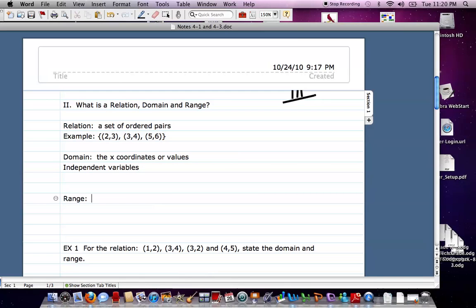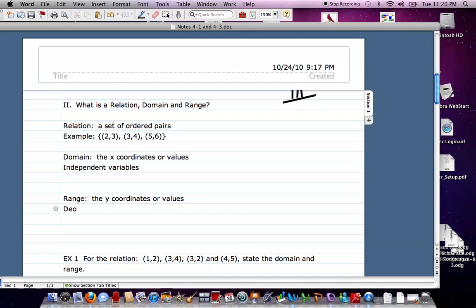Now, if you're thinking ahead, since the domain was the x-coordinates, then the range are the set of y-coordinates, or values. And they could be the set of independent or dependent variables.